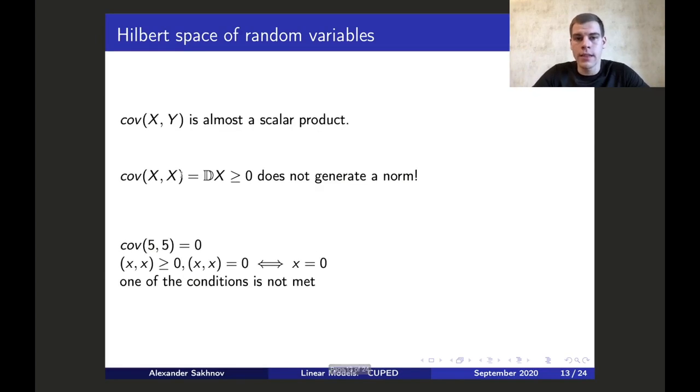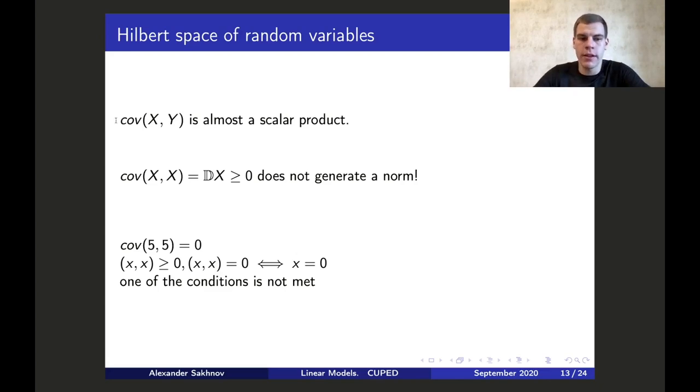Usually when I ask somebody how to introduce a scalar product in the random variables space, they answer with covariance, but it's not the best choice. Let's consider an element, for example the random variable 5 with probability 1, it's just a constant, and obviously 5 isn't equal to 0.